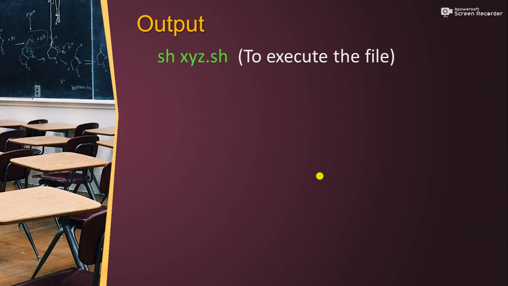The command is sh space filename.sh. In this script we have given the file name as xyz, so to execute this file we will use sh space xyz.sh.